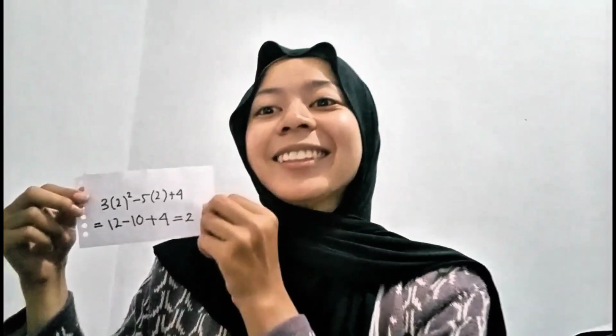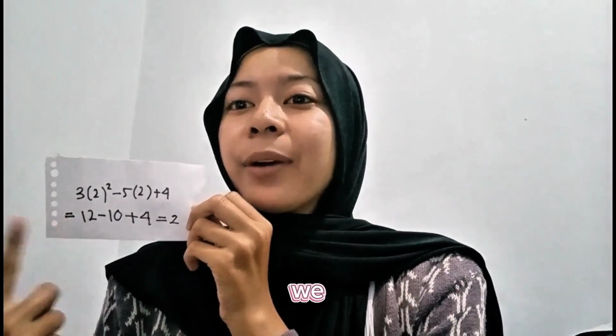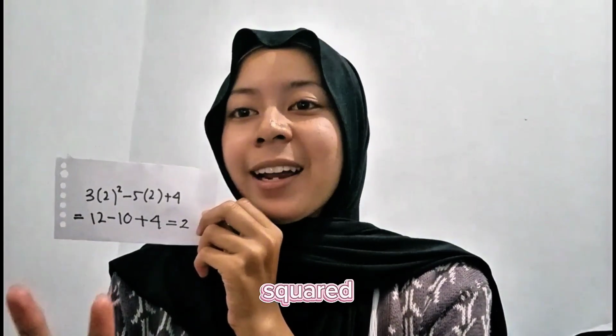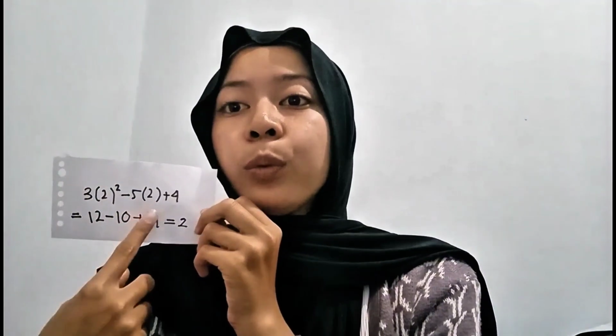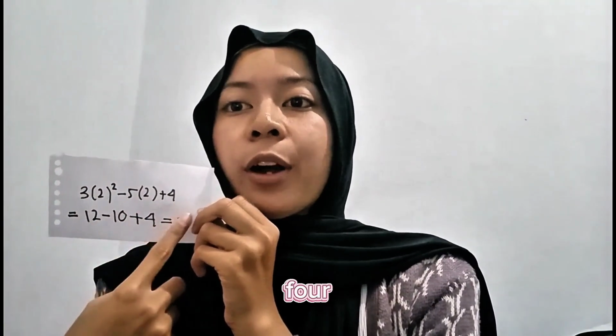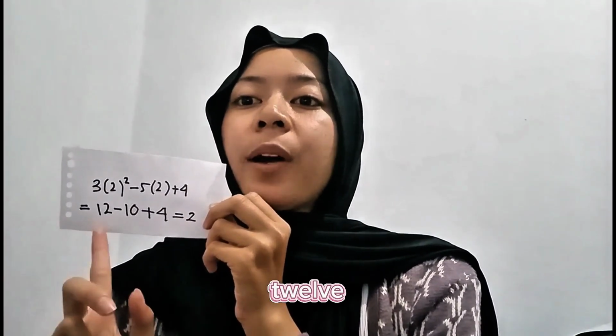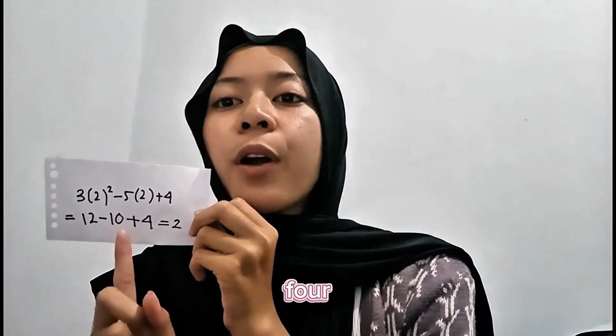And we have 3 times 2 squared minus 5 times 2 plus 4, which equals 12 minus 10 plus 4, which equals 6. The final answer to the limit is 6.